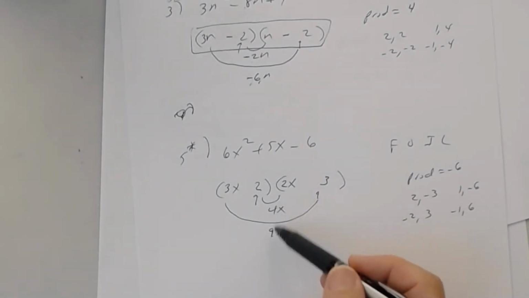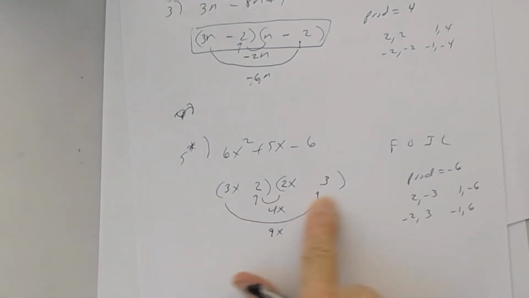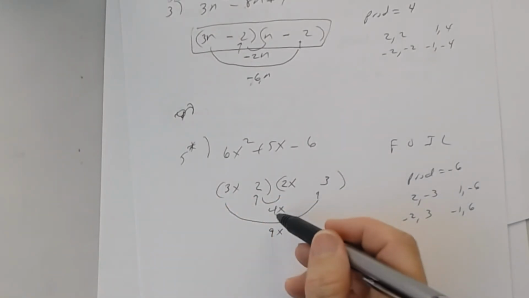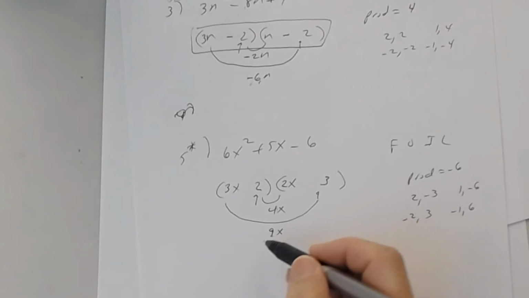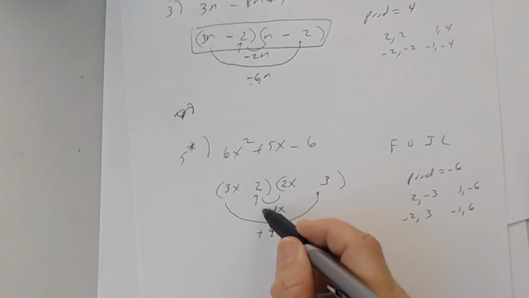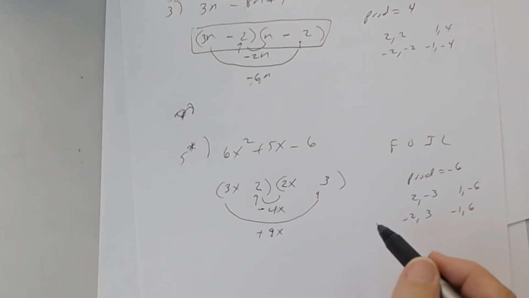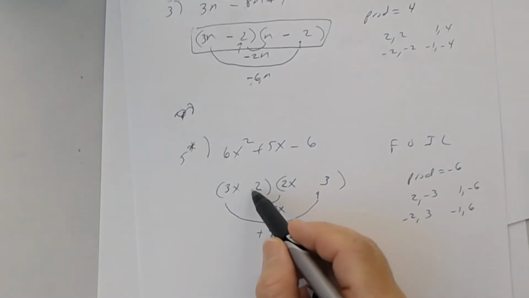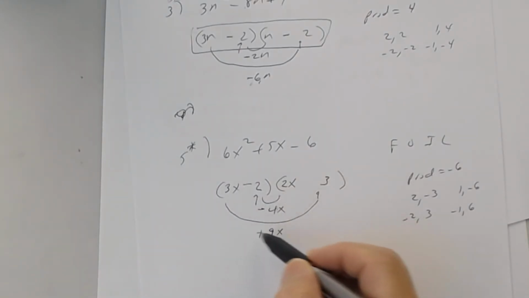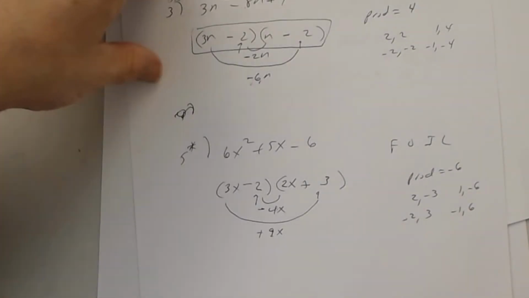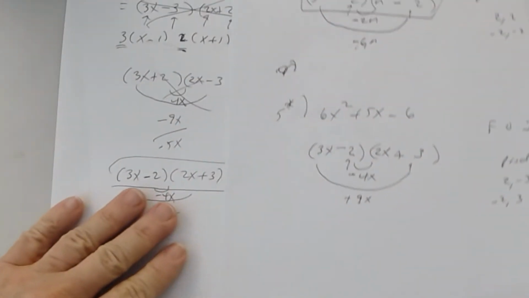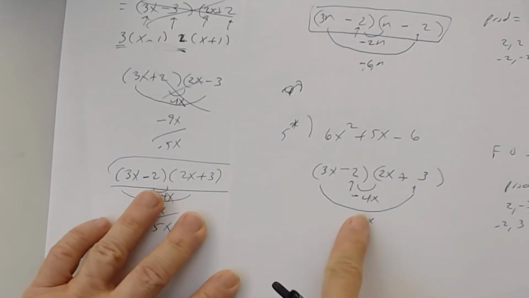So are these the correct order of the terms? Yes. I just have to make sure that the larger of these takes the middle sign. What's the larger of these? 9x. So this one has to be plus, and this one has to be what? Negative. And the only way I can get the inner to be negative is if this is negative. And the outer to be positive, this is positive. And notice when we looked at our answer earlier the other way, that's what we got.